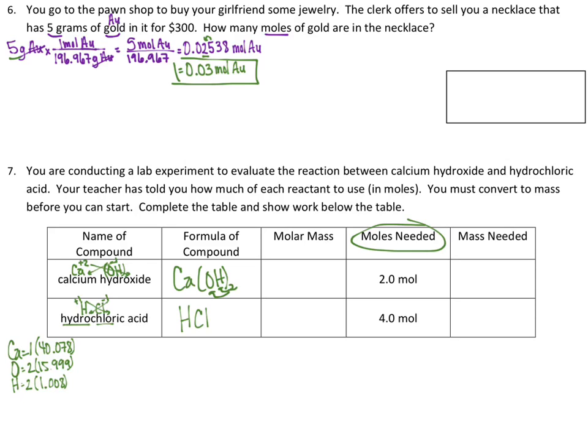Okay, here, calcium stays the same. Oxygen, 31.998. And hydrogen is 2.016. I'm going to add all these up.